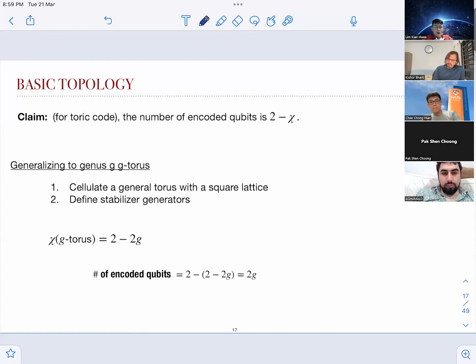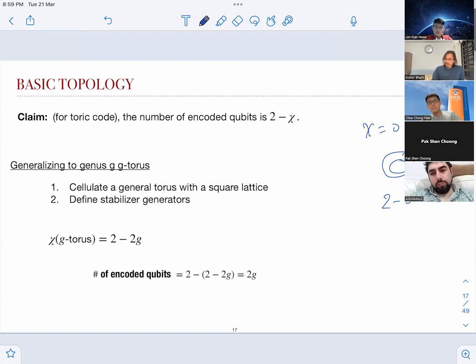So we looked at a very special case where our chi was equal to 0, this kind of torus. So the number of encoded logical qubits is basically 2 minus 0, equal to 2. But now, instead of looking at one torus, you can look at a torus with g handles.